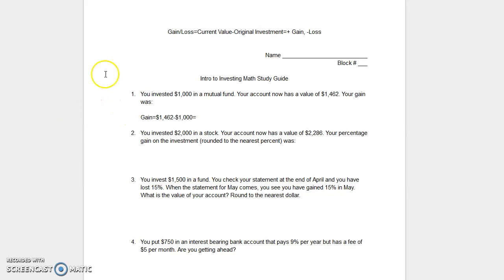So when we subtract our original investment of $1,000 from our current value of $1,462, what is our monetary gain? $462.